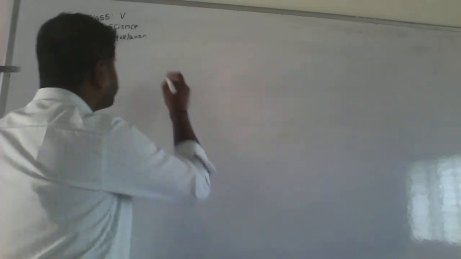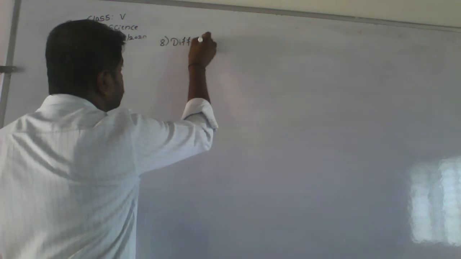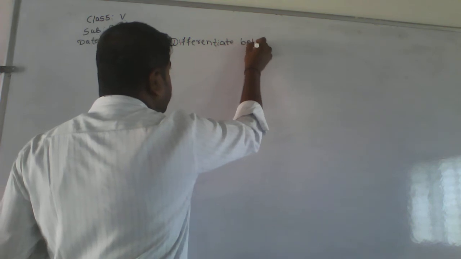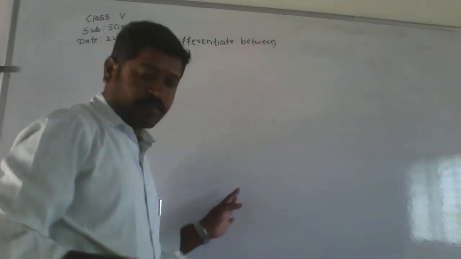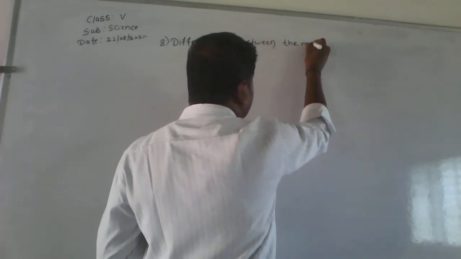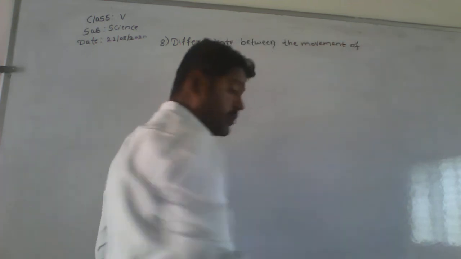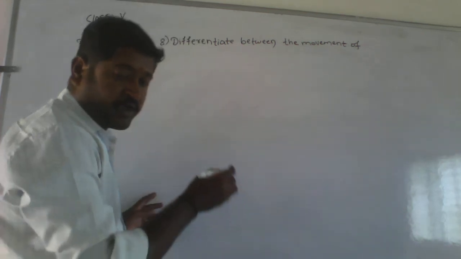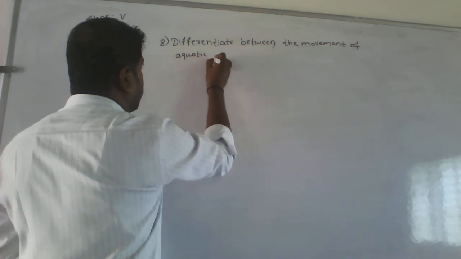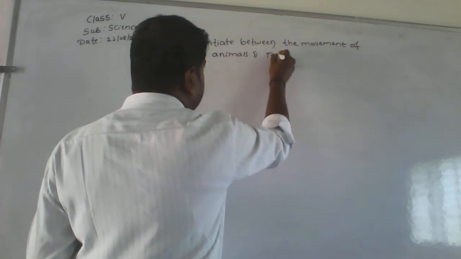Question number 8. Differentiate between the movement of aquatic animals and terrestrial animals.